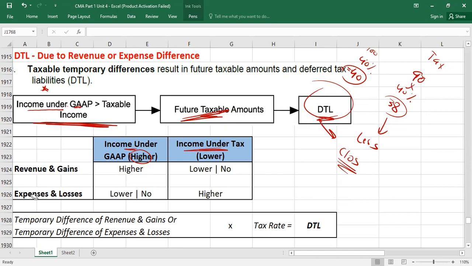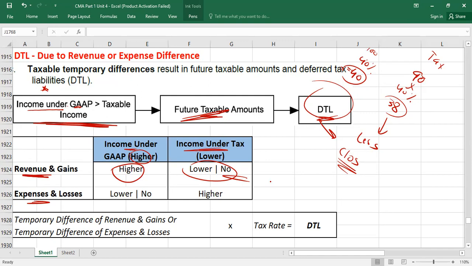In the question, he may give you data about revenues or gains, or he may give you data about expenses or losses. How could GAAP income be higher if the data is about revenue? It means you have recorded more revenue under accounting and less revenue, or even no revenue, under tax. That is why GAAP income is higher.